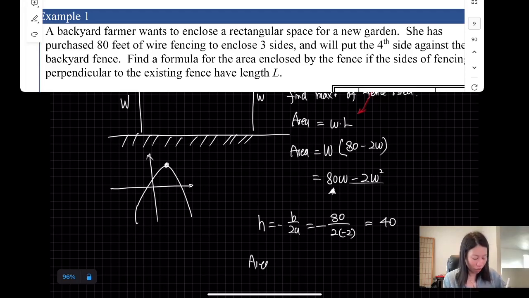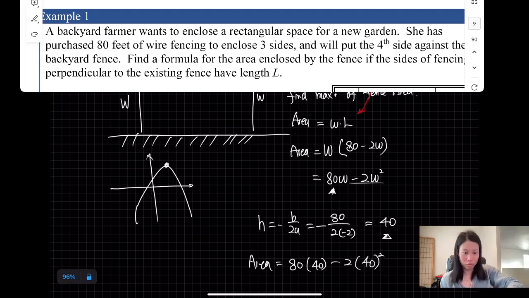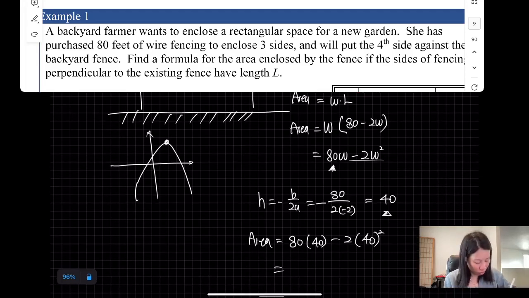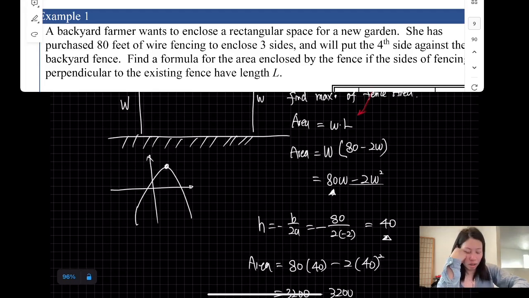The maximum area equals, we substitute into the function. Oh, sorry, I calculated something wrong. You may have caught me on that.